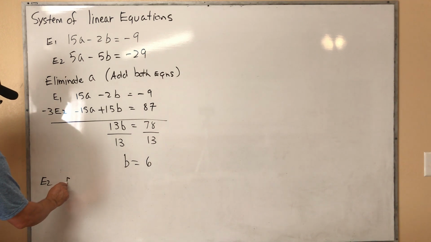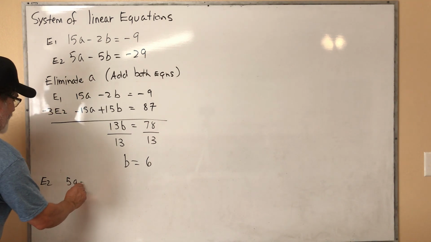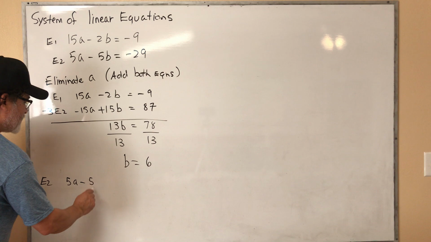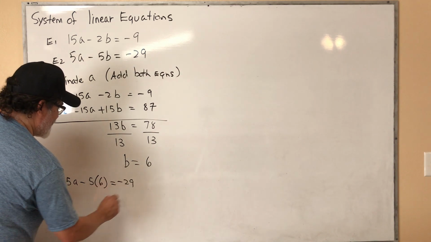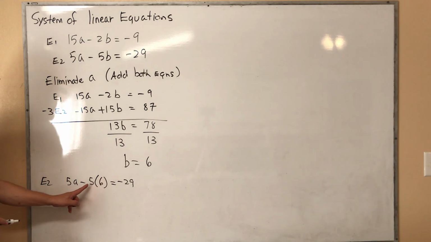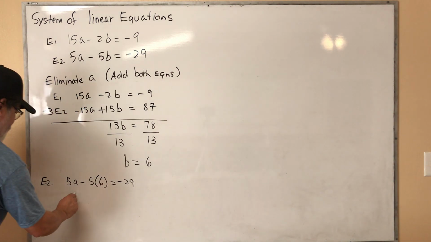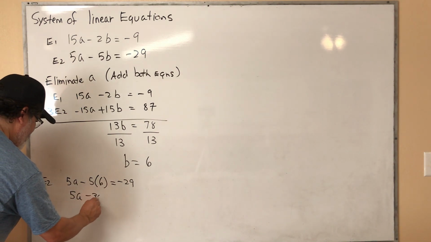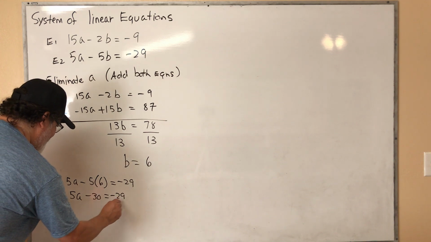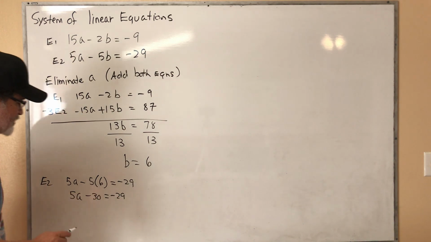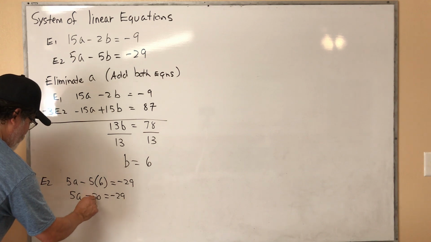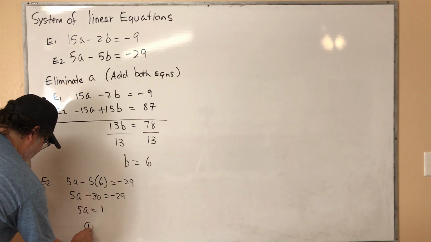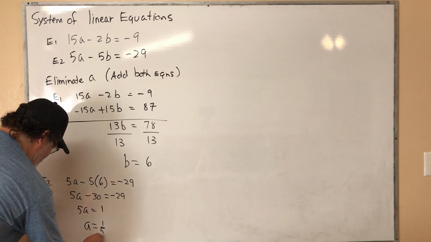So 5a minus 5b, what is b? 6, equals negative 29. What's negative 5 times 6? So 5a minus 30 equals negative 29. Add 30 to both sides. So 5a, what is negative 29 plus 30? 1. So a equals 1/5.